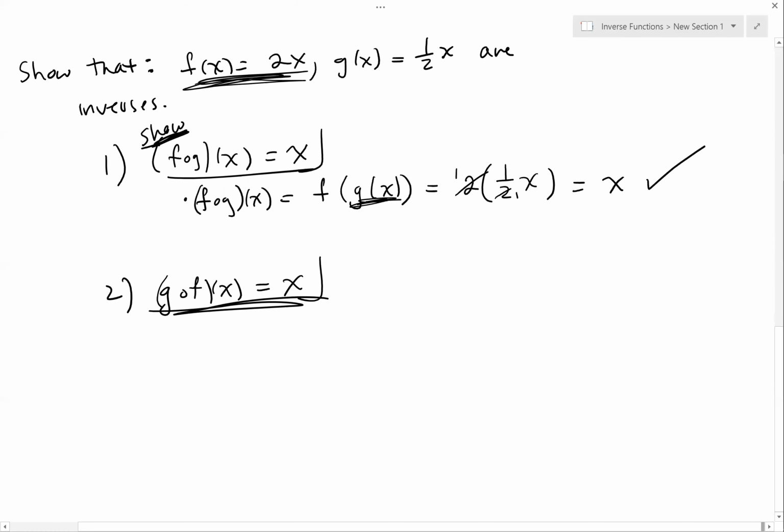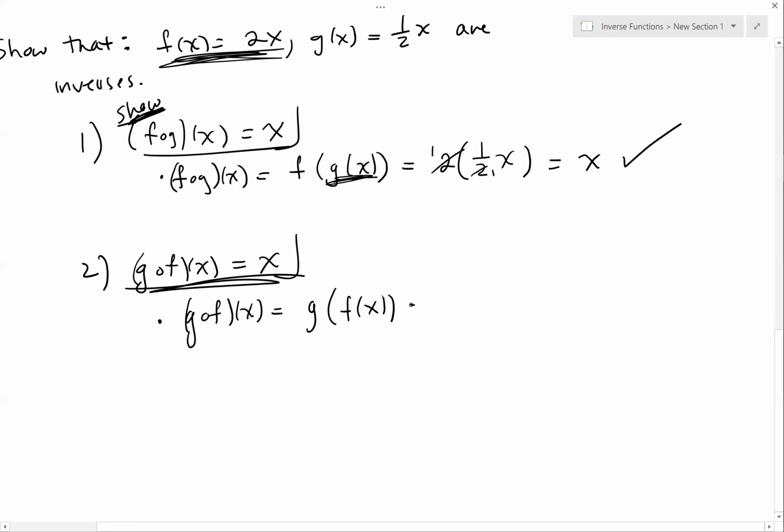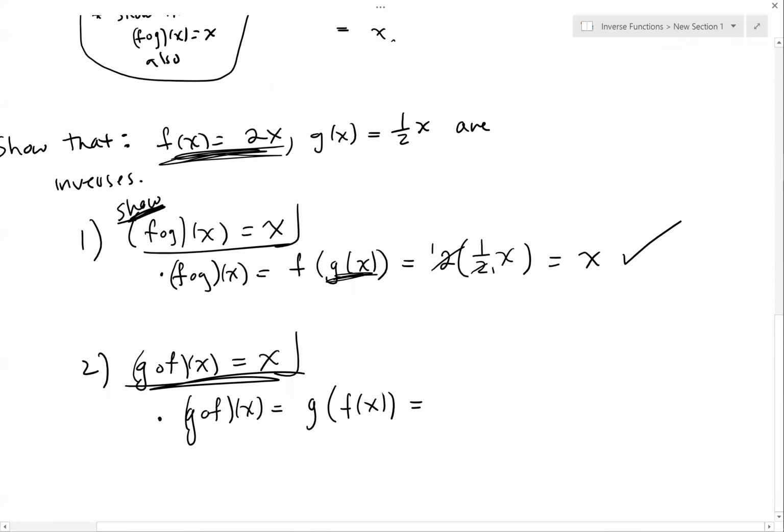All right, easy enough. Now let's verify the second one here. g of f of x. Now we're plugging f into g, so we're looking at g of f of x here. So what does g do to the input? Well, again, going back to the original definition of g, it multiplies 1/2 by whatever you plug in.